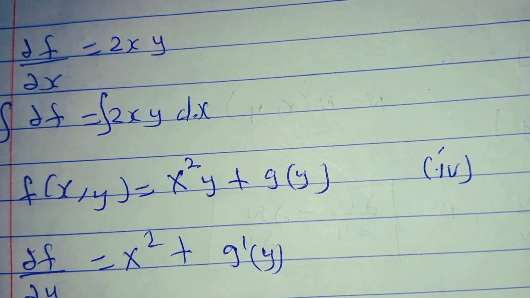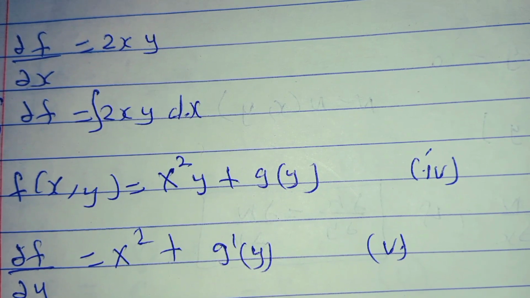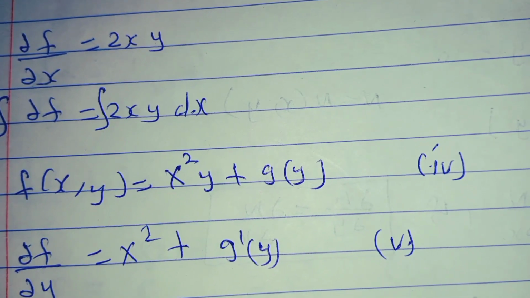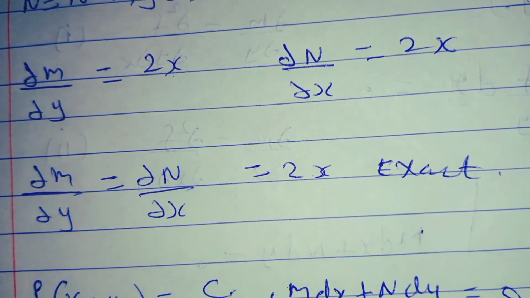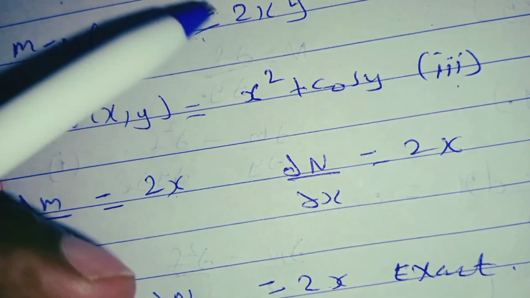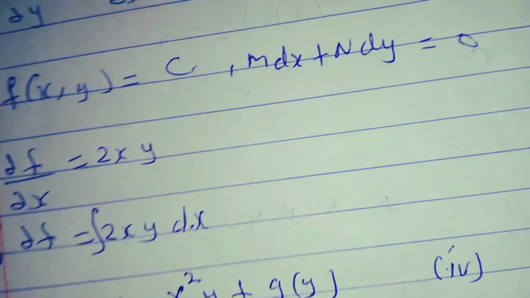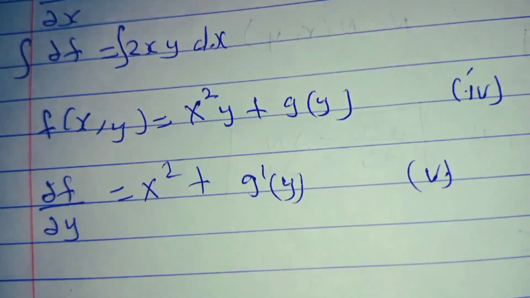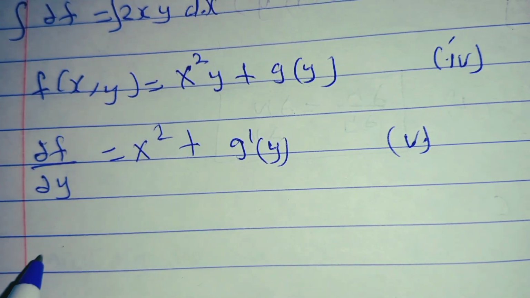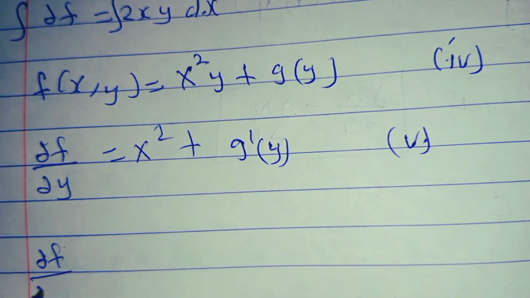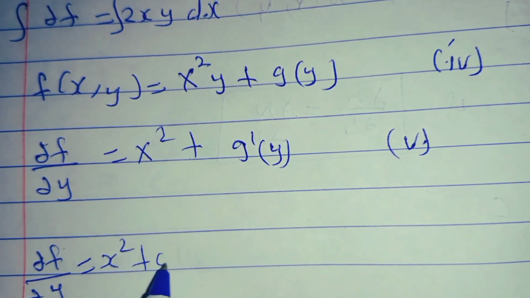You can call this equation 5. We are going to compare our equation 5 with equation 3. Our equation 3 is this one: df over dy is equal to x squared plus cos of y.